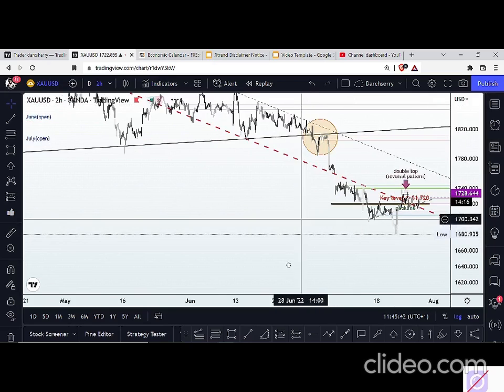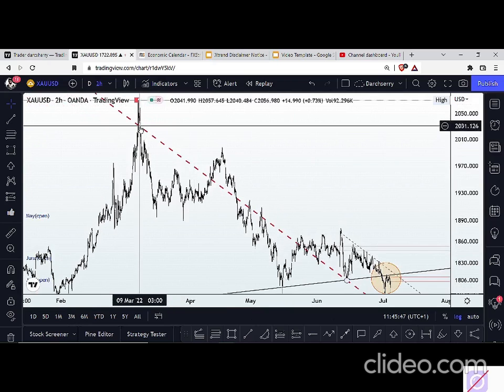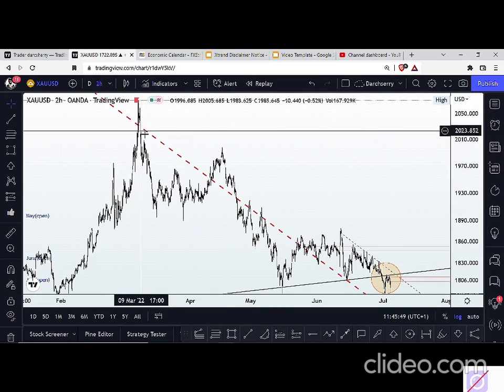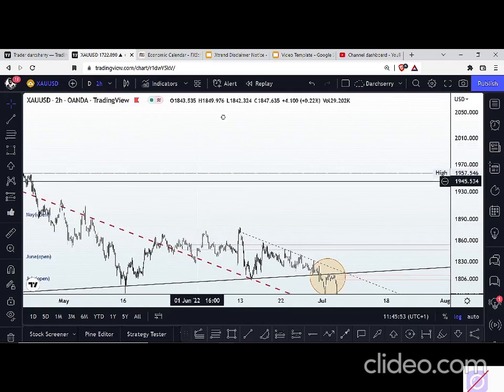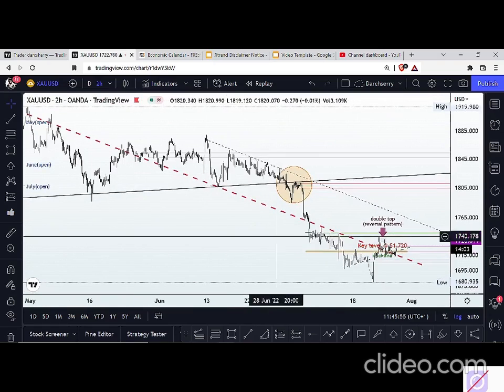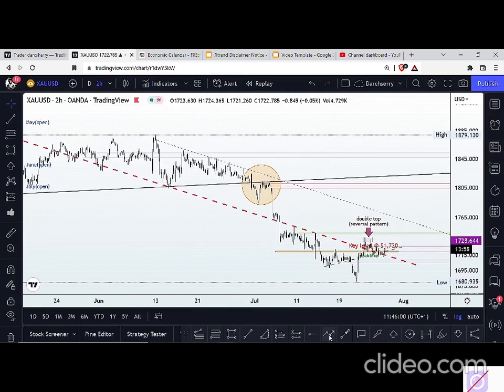If I zoom back into the left structure we have here, we can see that since the beginning of the month of March, this resistance level, this red line, has been respected. In fact, late into the second week of July, we saw how price respected that bearish trend line.